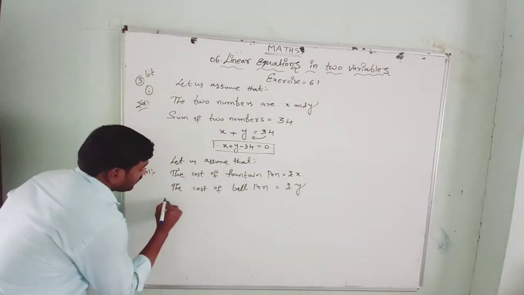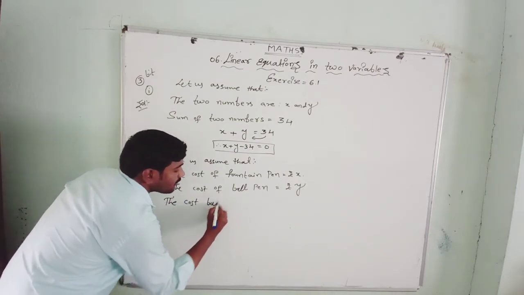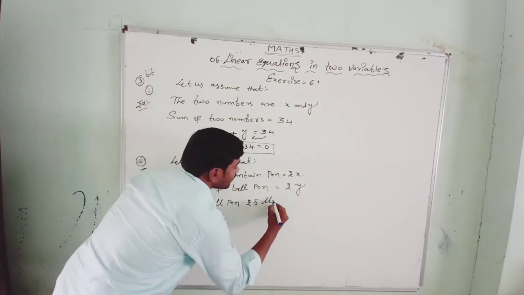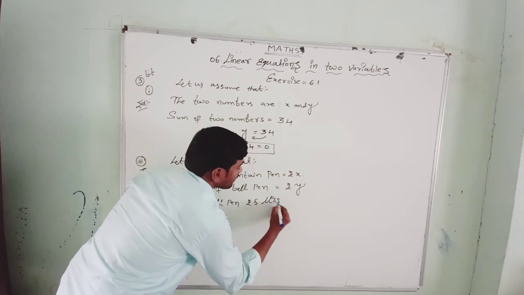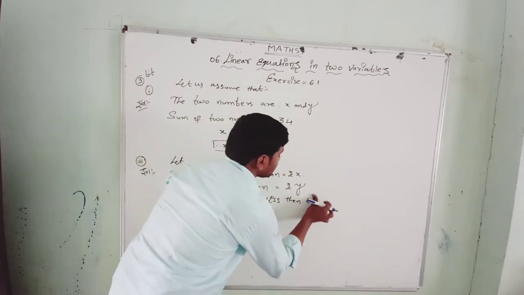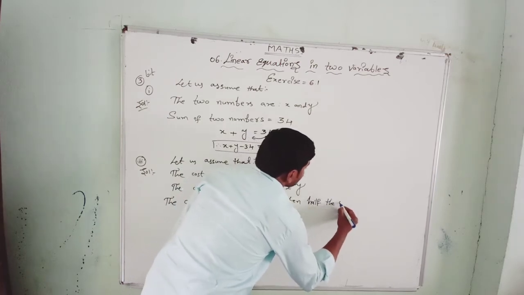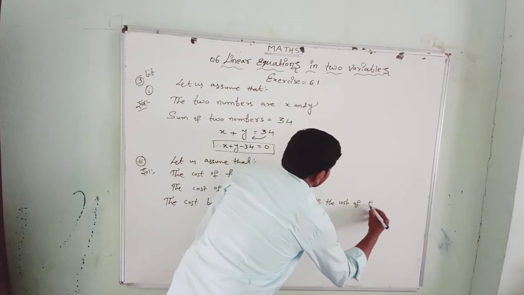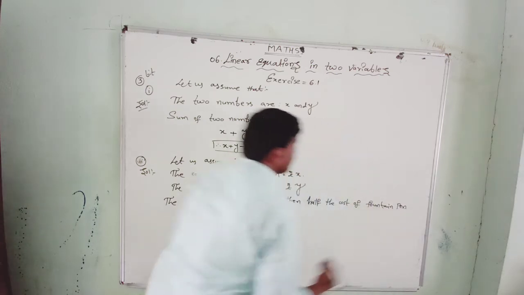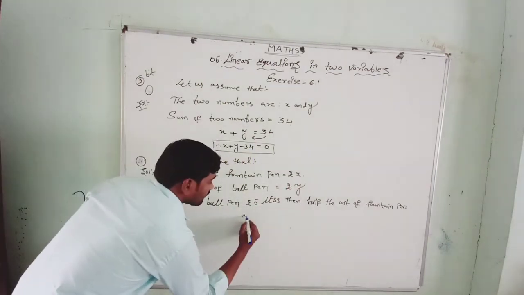Here let us write the cost of the ball pen. In the question it is given that the cost of the ball pen is rupees 5 less than half of the cost of the fountain pen. So let the ball pen be y.